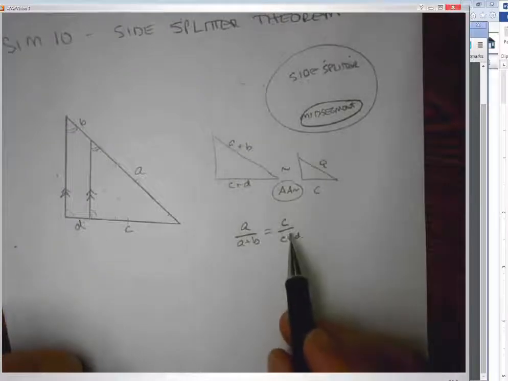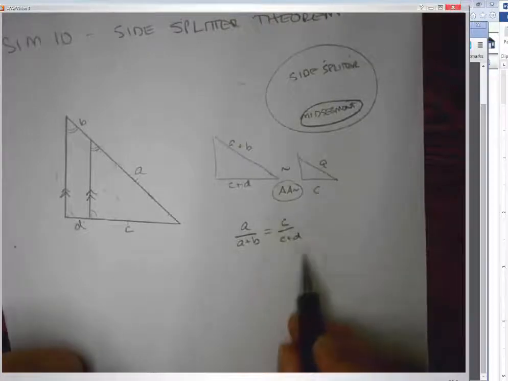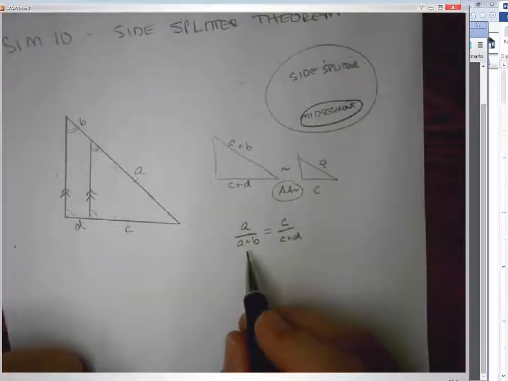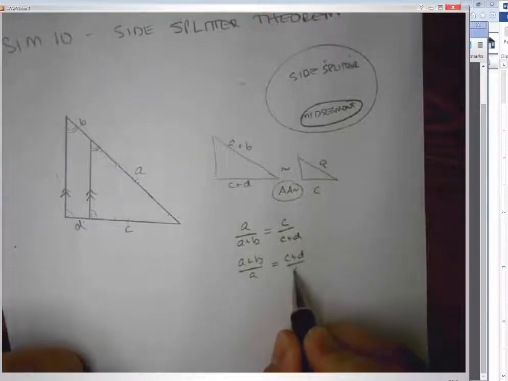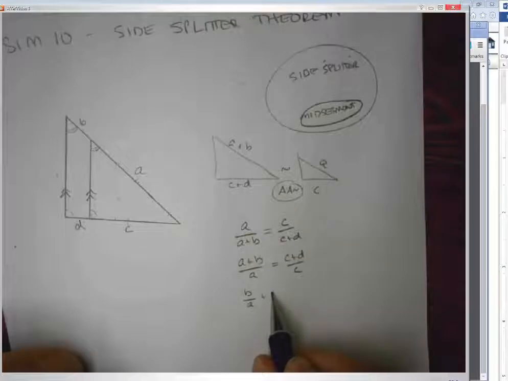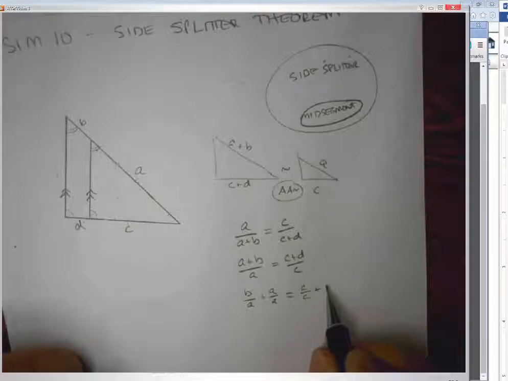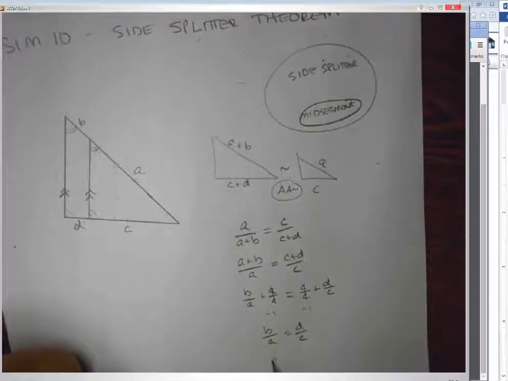There is an opportunity for us to create a theorem or a shortcut that allows us to do some things more quickly and efficiently. If we take this initial proportion, we can use the reciprocal property of proportions to say that A plus B over A is equal to C plus D over C. Then we can recognize that this is really A over A plus B over A equals C over C plus D over C. And this is 1 and this is 1, so if I subtract 1 from both sides, I get B over A is equal to D over C. Then I can again apply the reciprocal property, and I get this relationship.